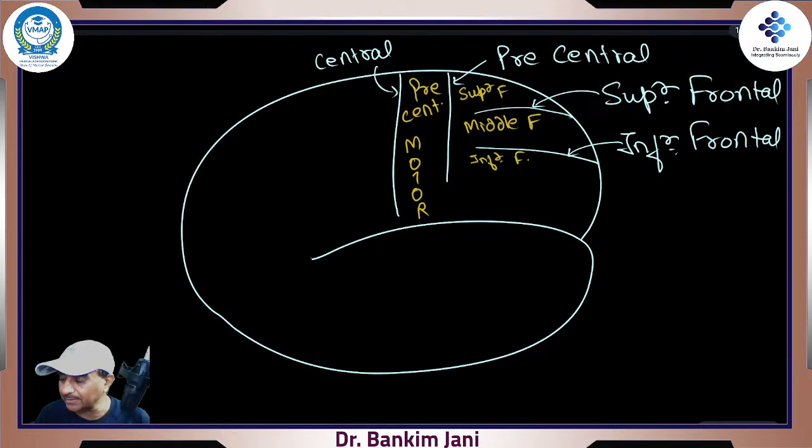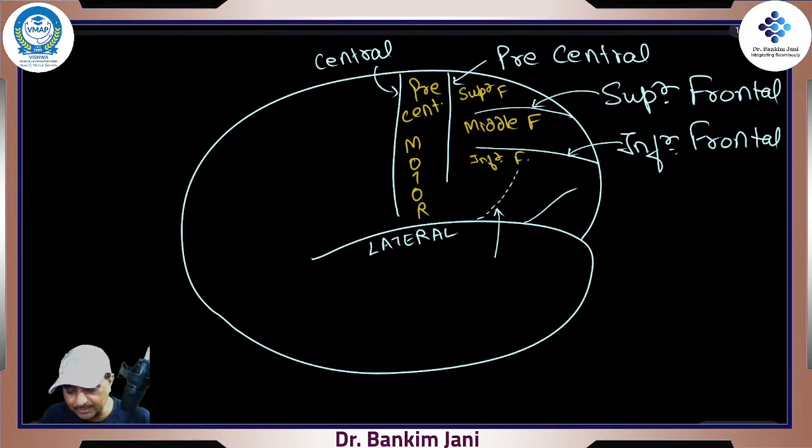But again, it is divided into parts, right? So we take white color and this one will be the lateral sulcus. One branch is going up and one is going anteriorly.